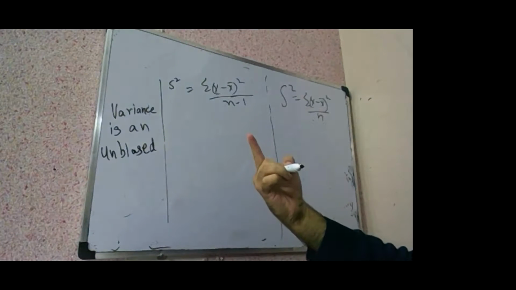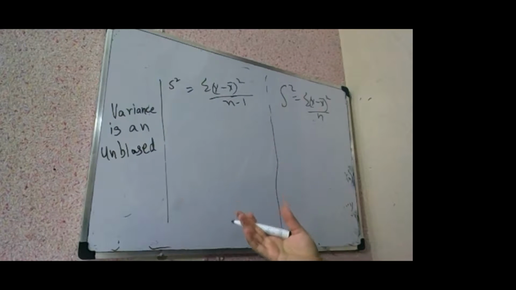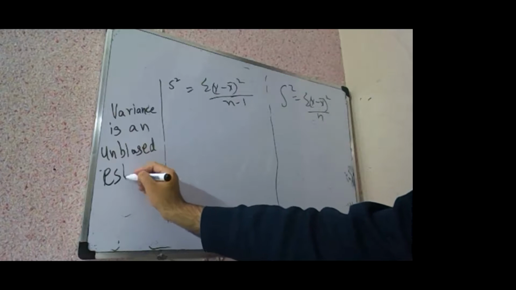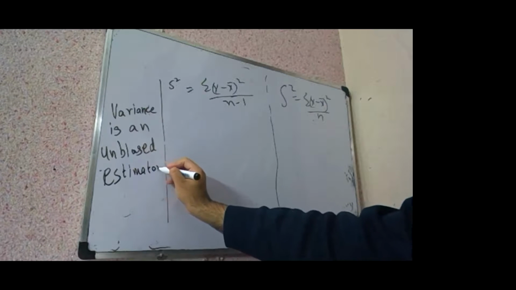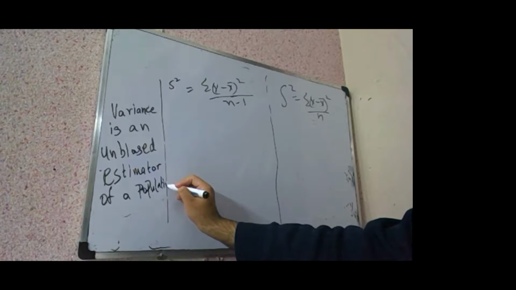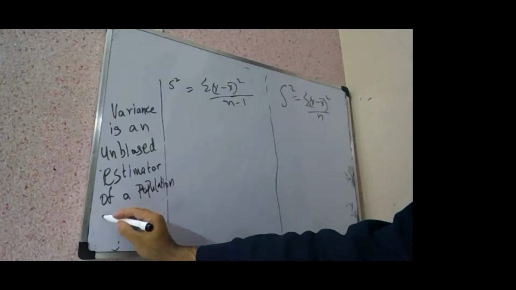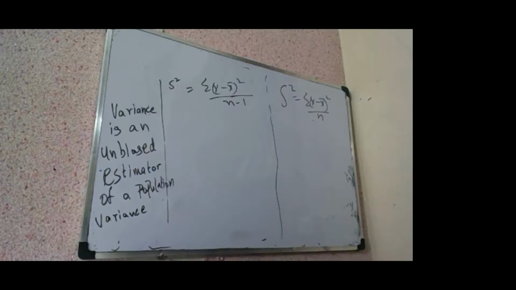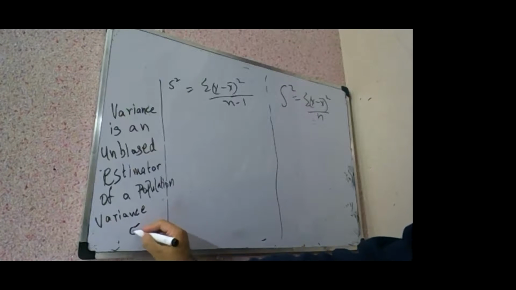First we talked about x bar being an unbiased estimator of the population parameter mu, right? The variance is an unbiased estimator of the population variance. It exactly equals sigma square.